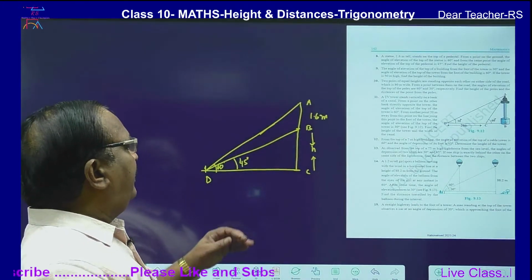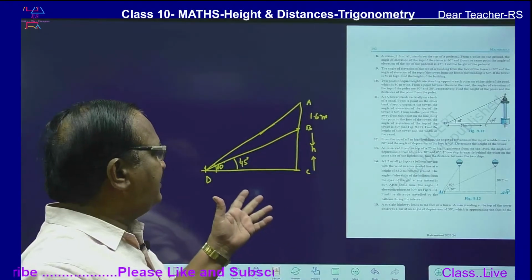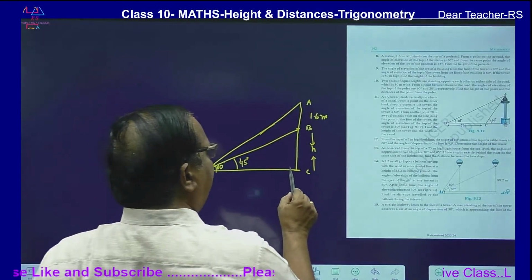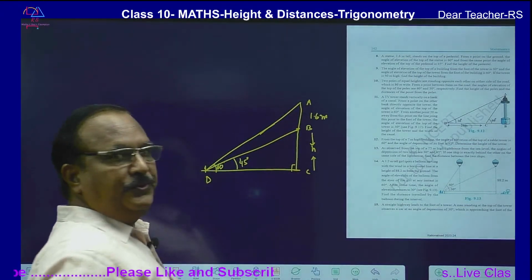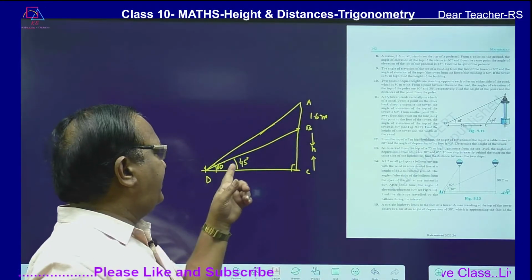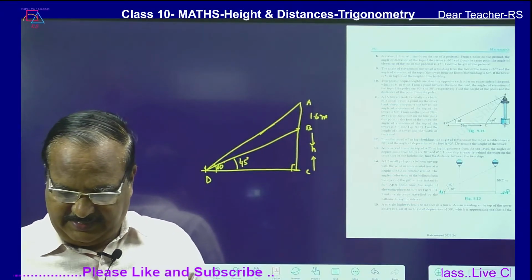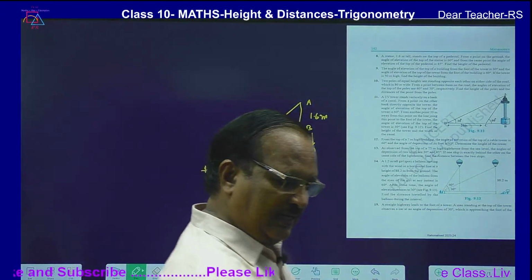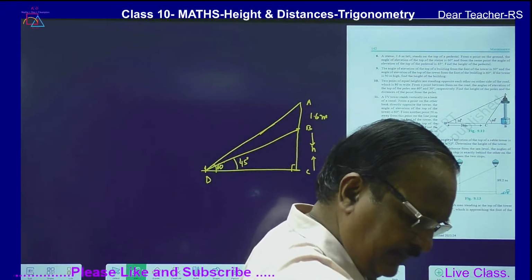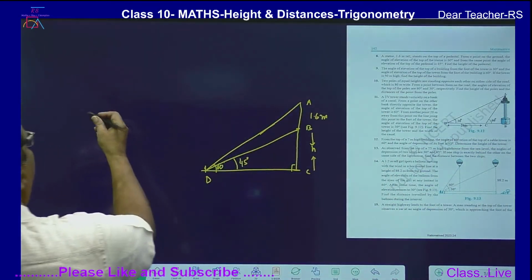So, this is the diagram. Once you have got the diagram, then it is very easy. You have to identify two right angle triangles because there are two angles, one is 45, the other one is 60 degrees. Identify two right triangles.